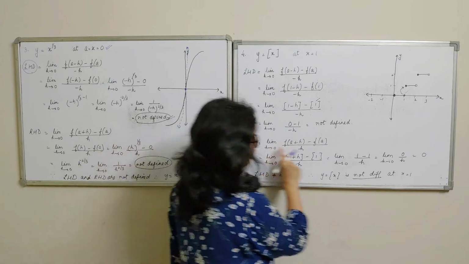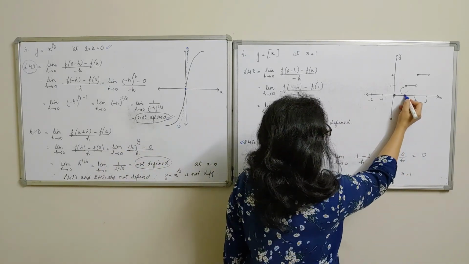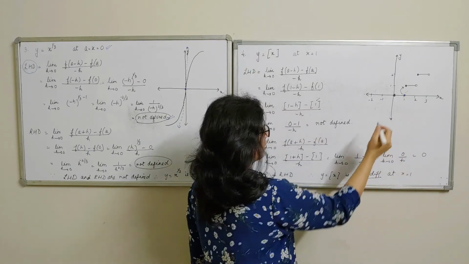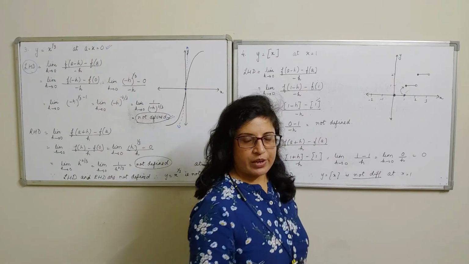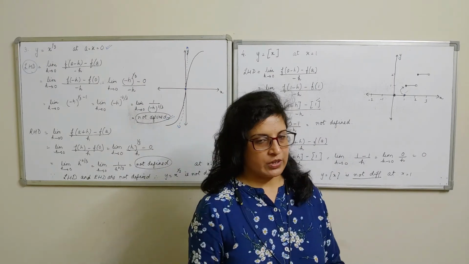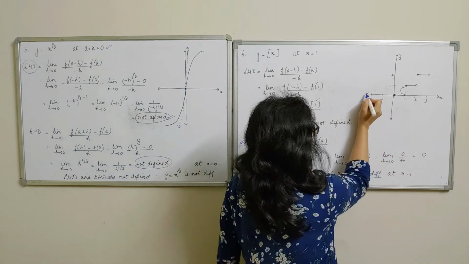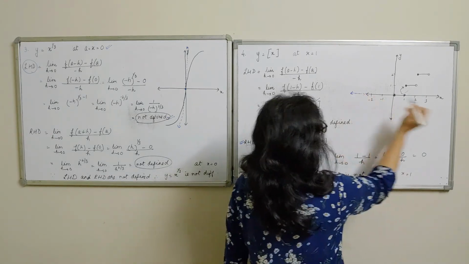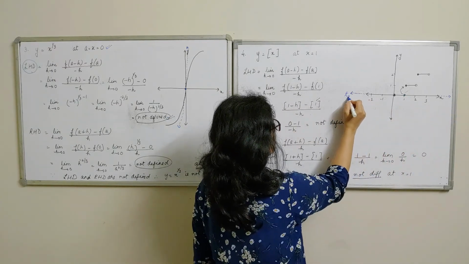The right hand derivative is 0 at the point x is equal to 1. That means the tangent passing through x is equal to 1 has slope 0, and whenever the slope of a tangent is 0, it's a line parallel to the x-axis, and in this case it will be the x-axis itself. So this is the tangent, let's call it T2.